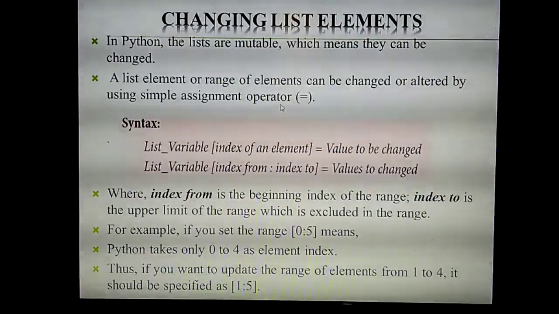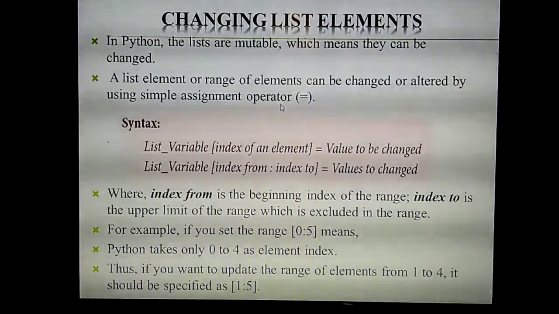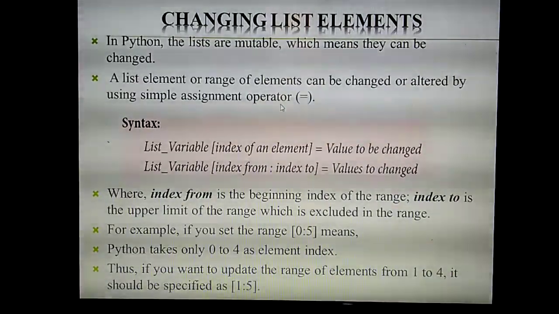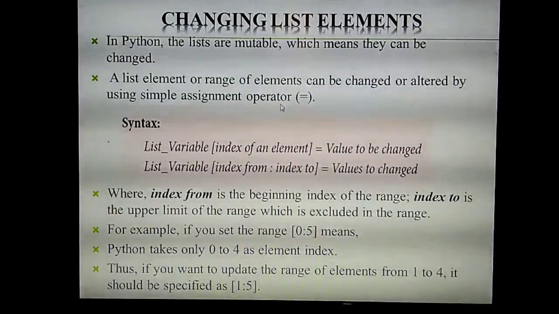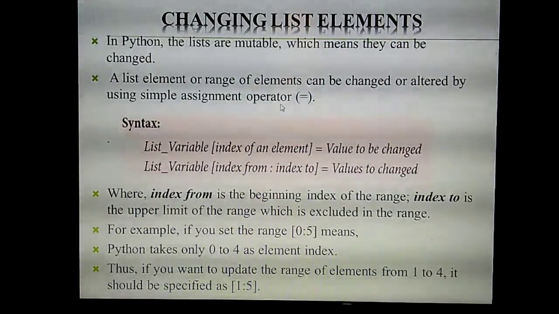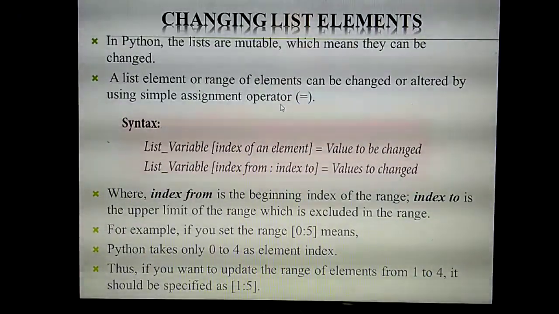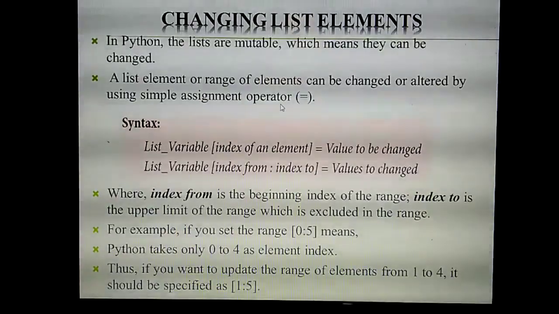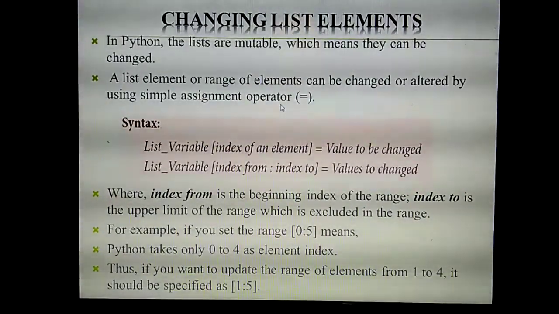Why I am telling 2 or 3 times: each and every heading will have separate symbols. Assignment operator, then concatenation, and likewise each heading will have separate symbols. They will ask 1 more question from here. So you should be thorough with all the symbols. So if you need to change the values in the list, you should use the assignment operator.